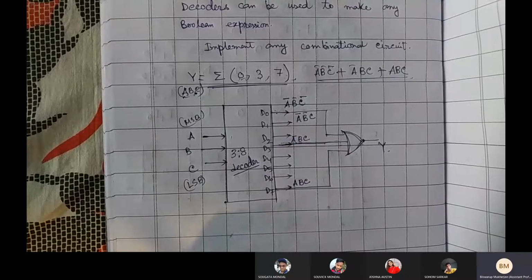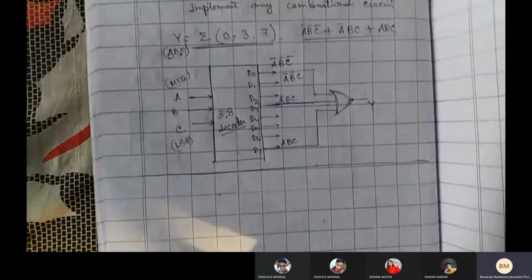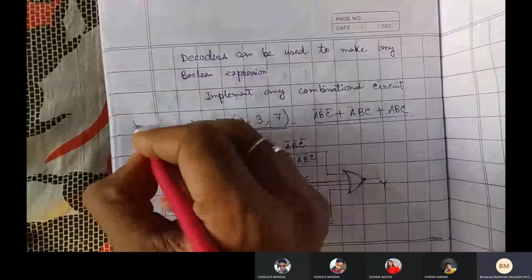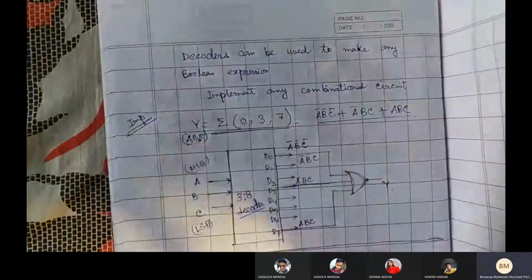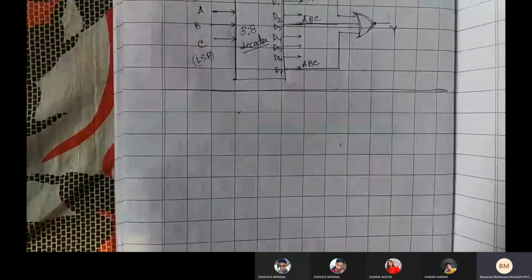Fine. Now let us come to the next one. Another MSI chip. This is important, how to make one circuit using a decoder as well as how to make one circuit using a multiplexer. These two you have to know or remember.